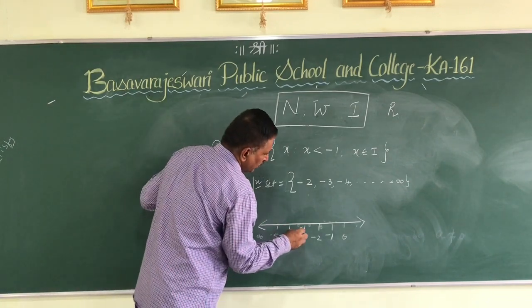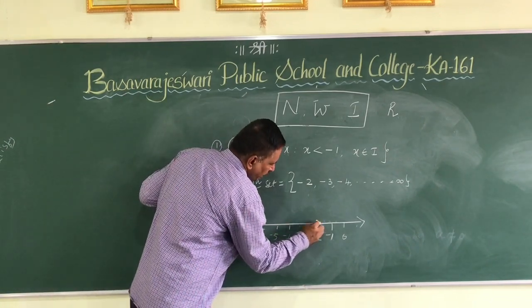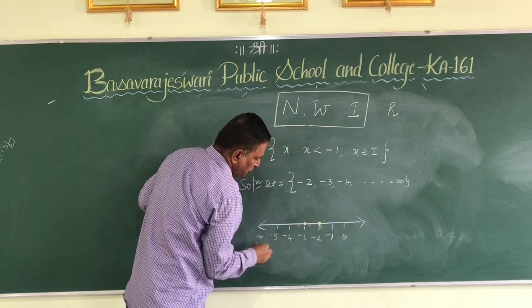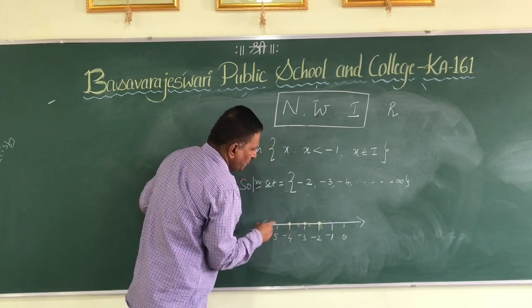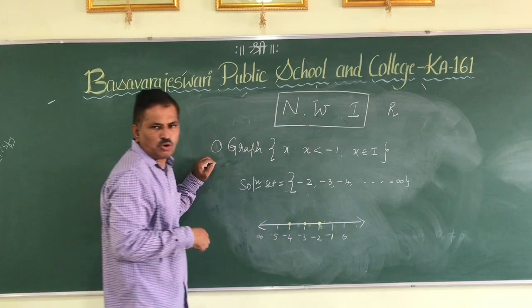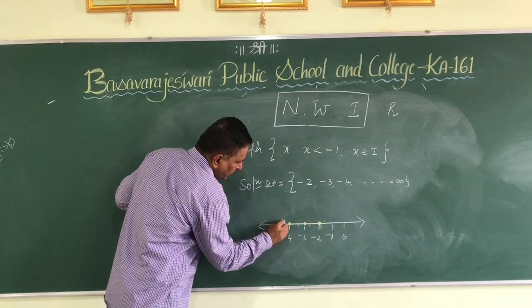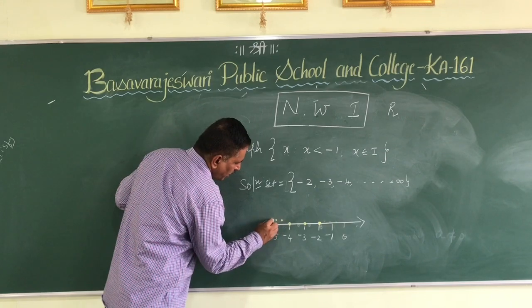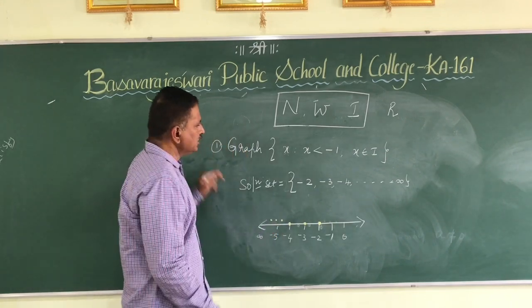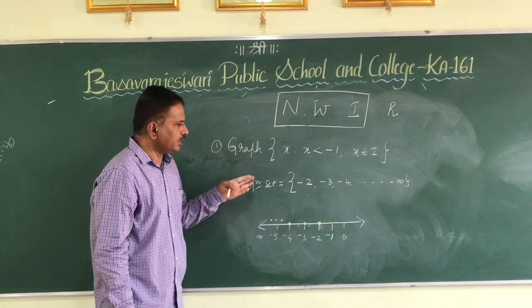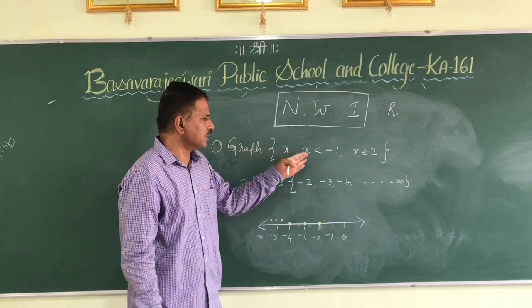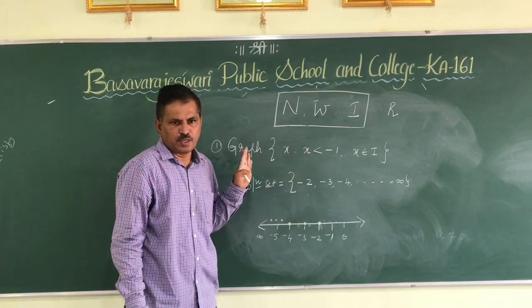So for the first three numbers, that is for -2, -3, -4. We know that even this is up to infinity, so this is on the negative side, so you have to put the 3 dots on the number line.